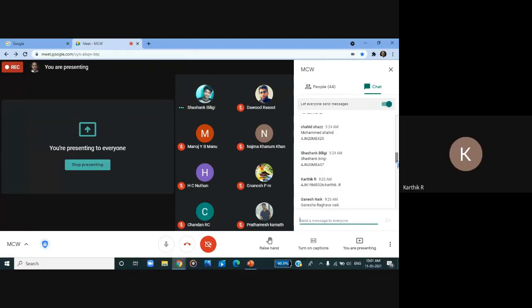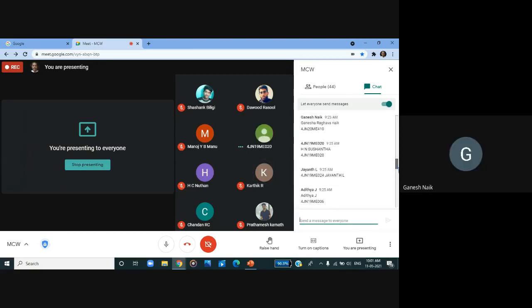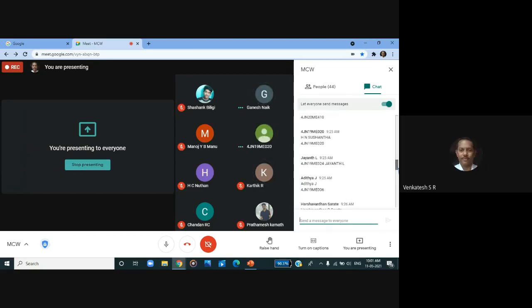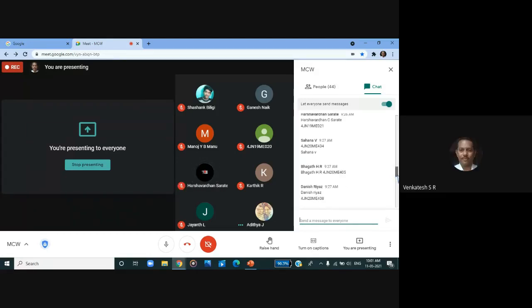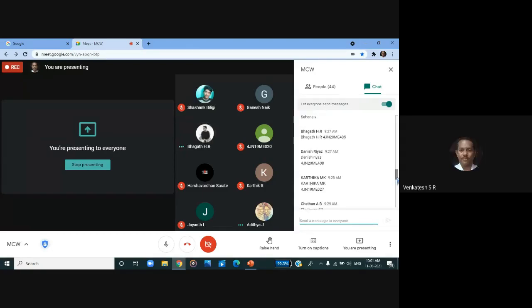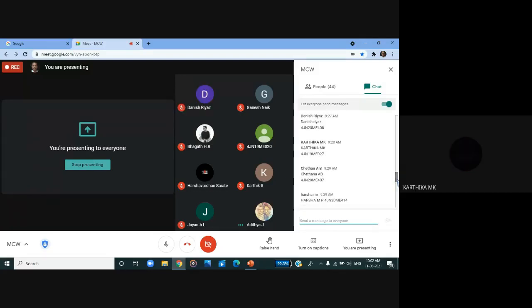Karthik R. Ganesh Nayak. Sushanta. Jayant L. Aditya J. Harshavardhan. Sahana V. Danish.